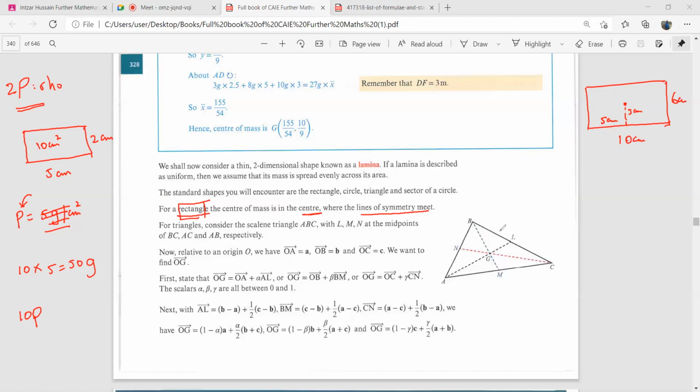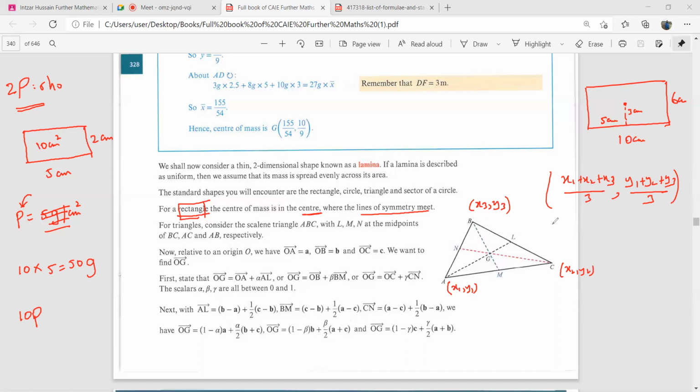When you have a triangular lamina, the rule is quite simple. Suppose you have the coordinates x1, y1, x2, y2, and x3, y3. The center of mass for a triangular lamina is going to be x1 plus x2 plus x3 over 3, comma, y1 plus y2 plus y3 over 3.